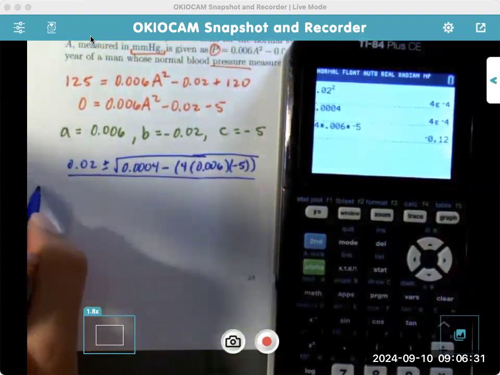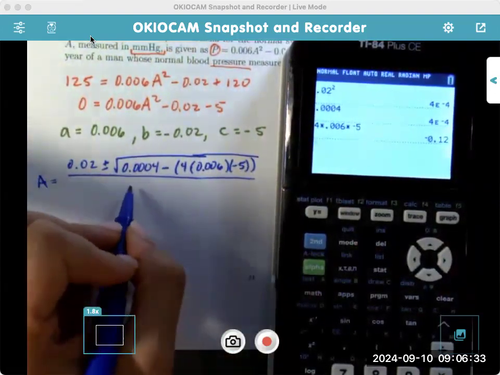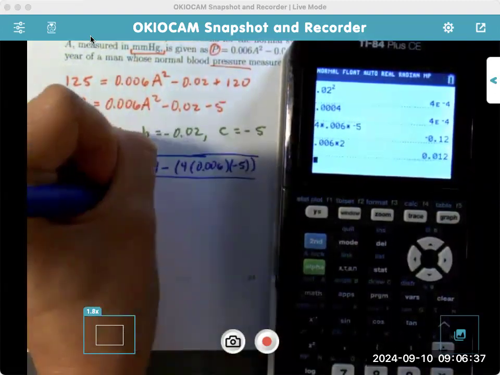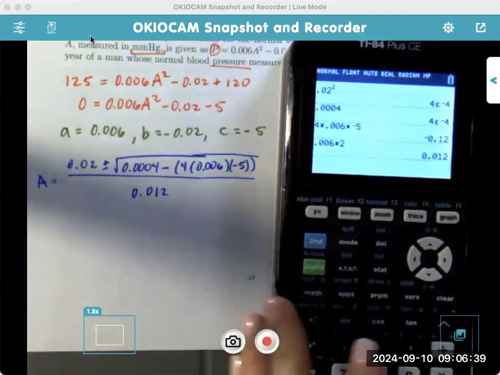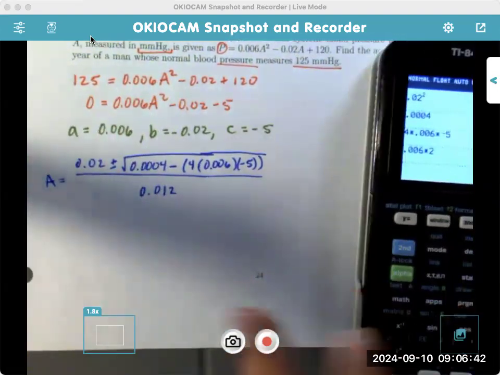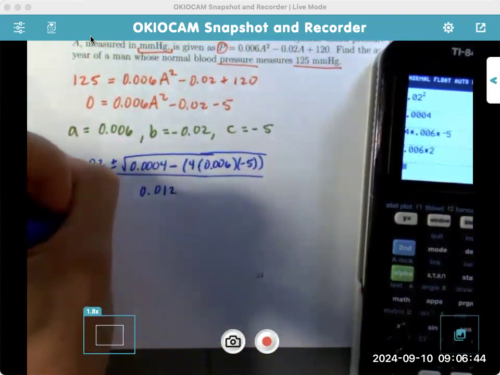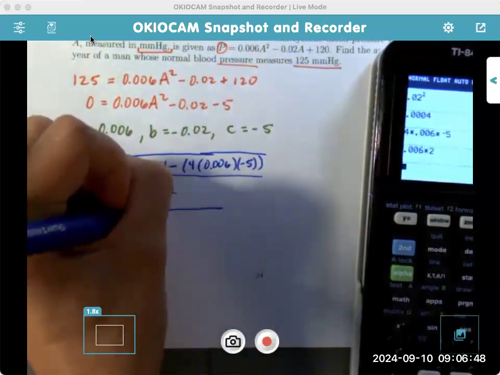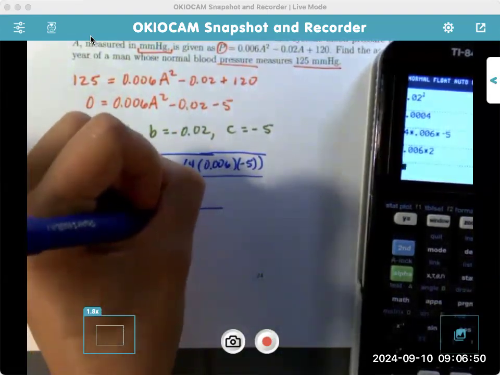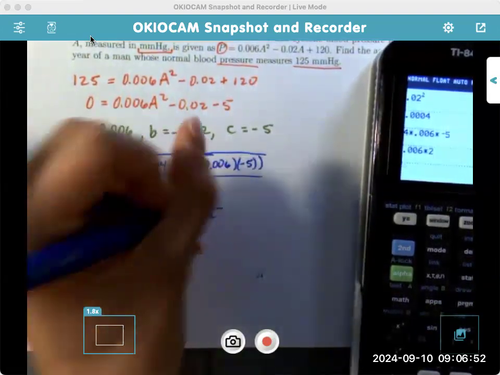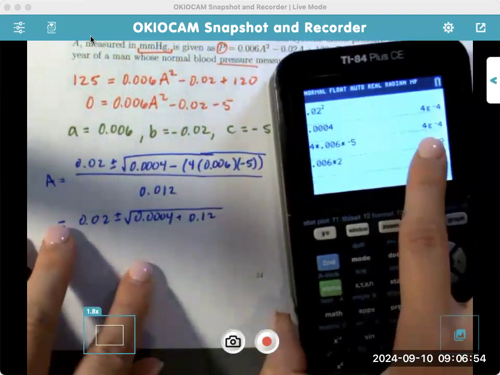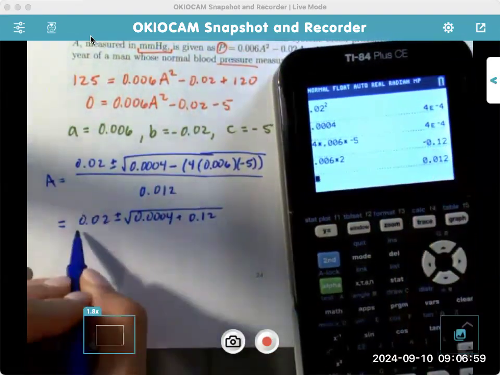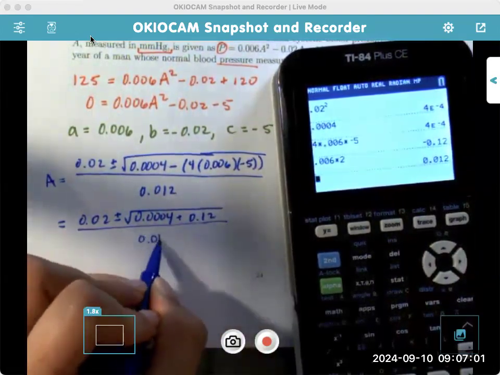Okay, so it says cap A is equal to all over 2A, 0.006 times 2, 0.012. Okay, so 0.02 plus or minus the square root of 0.0004 plus 0.12, right? Because of the double negative there. Yeah. All over 0.012.